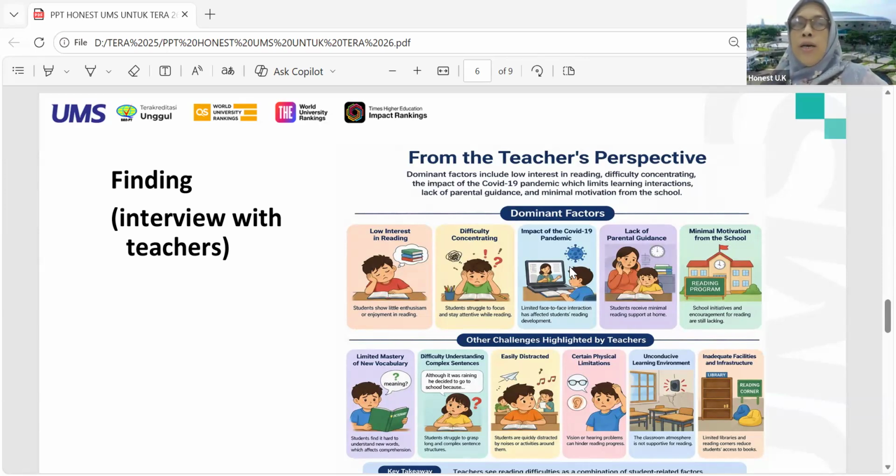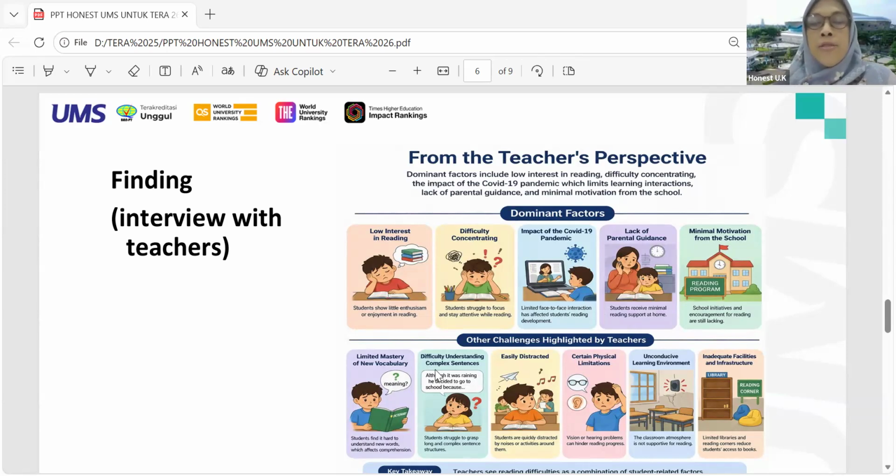Third, the impact of the COVID-19 pandemic: during the pandemic, students had limited face-to-face interaction, which affected their reading development. Next, students lack parental guidance. Besides, school initiative and encouragement for reading are still low.